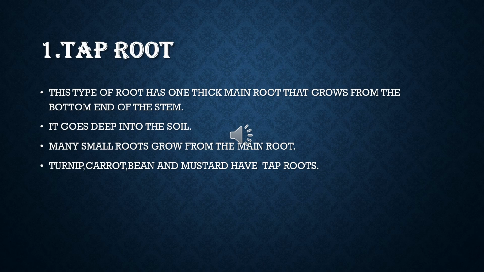It goes deep into the soil. Many small roots grow from the main root. Turnip, carrot, bean and mustard have taproots.